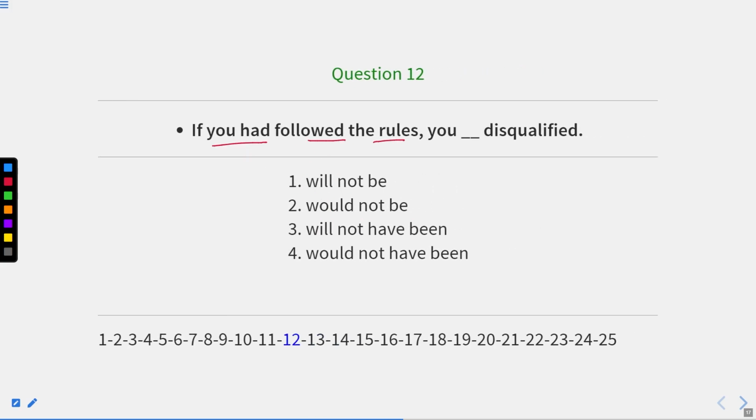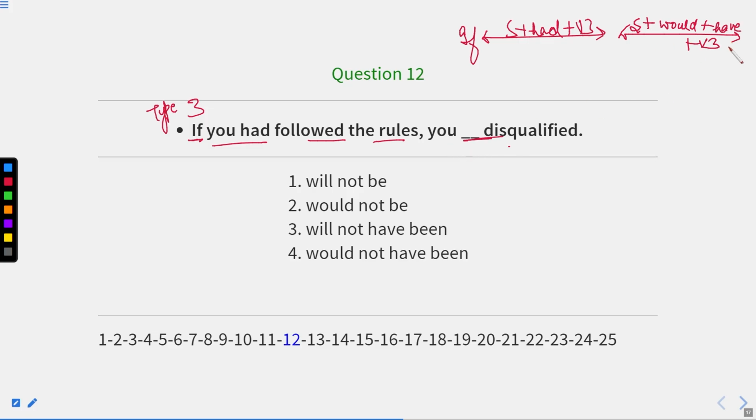If you had followed the rules, you dash disqualified. Now whenever we use if structure, this is type 3 condition. In case of type 3 condition, after if we write subject plus had plus verb third form. After this we have another clause in which we use subject plus would plus have plus verb third form.